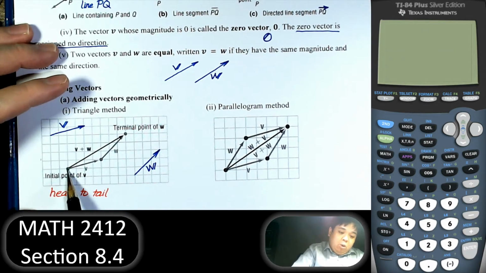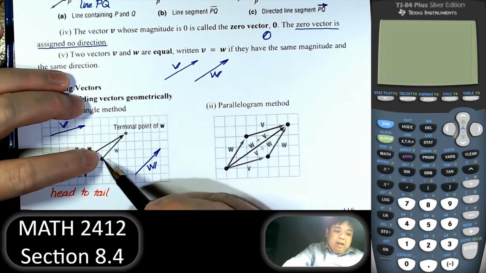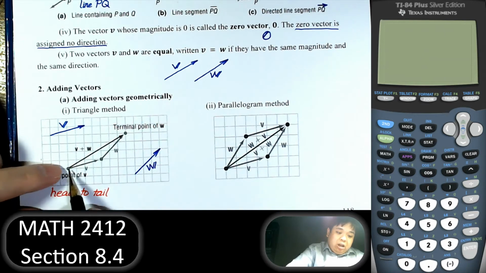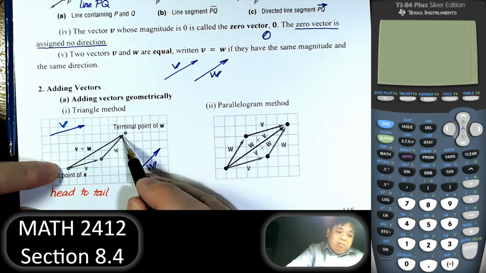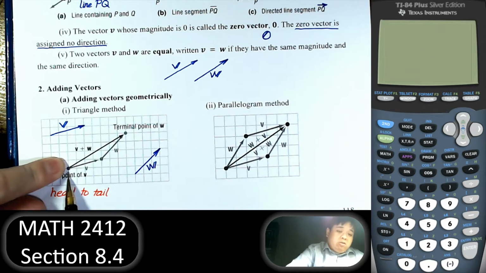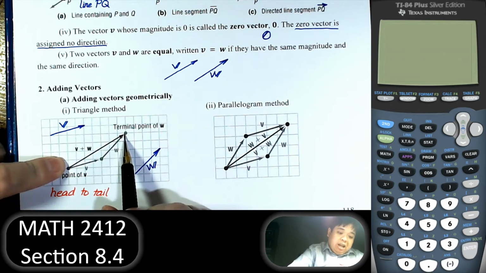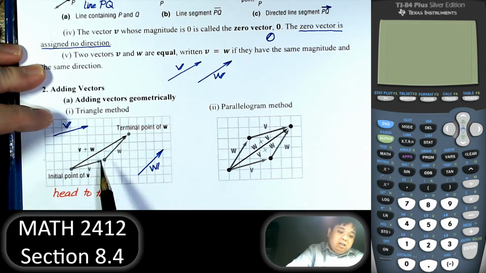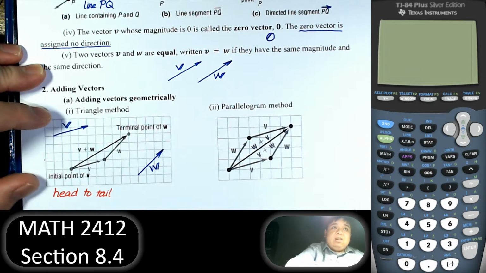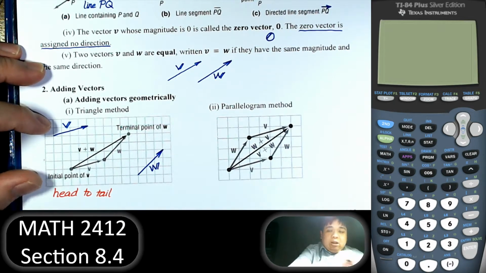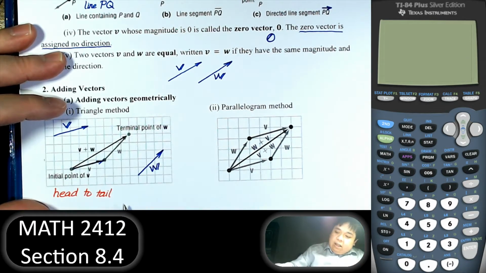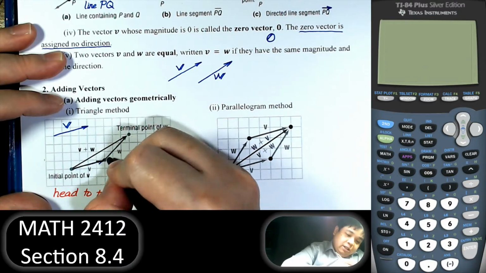So we go from this point to that point, following vector v, and from that point along vector w. Initially we start here and we end up there. The sum will be from the initial point of the first vector to the final point of the second vector, where the head of the first vector is the tail end of the second vector. Right, so that is the head to tail method. So we put one vector here, and then we put the other vector.